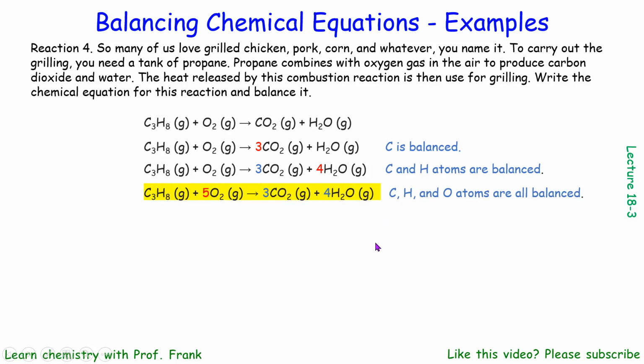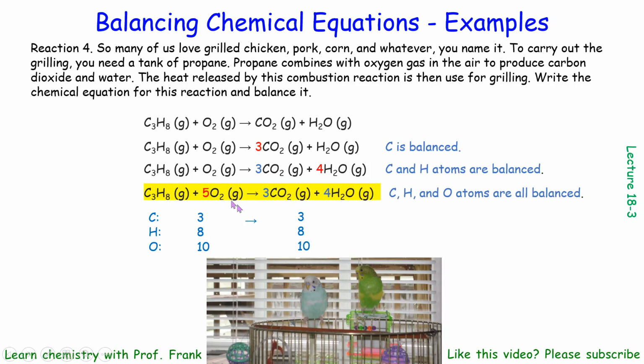And if you want to double check the number of atoms for each element, before and after the reaction, carbon, 3 before and after, hydrogen, 8 before and after, oxygen, before the reaction, 10, after, 10, 6 plus 4. So therefore, this yellow highlighted equation is balanced.